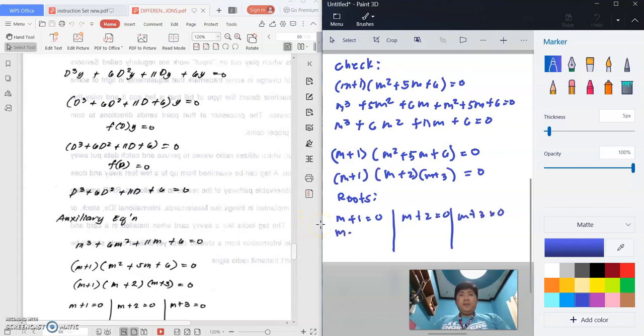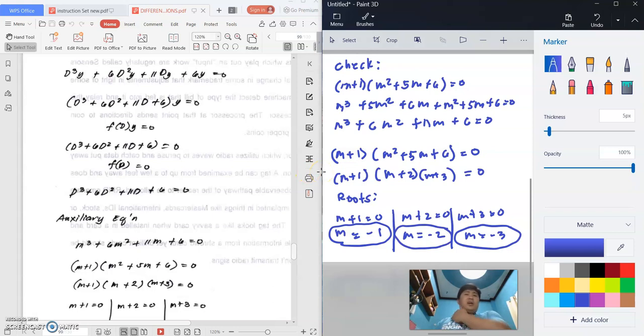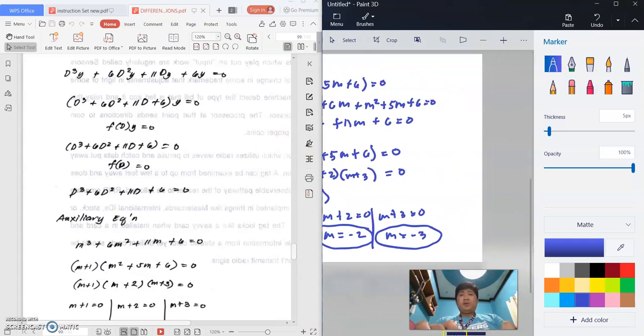So your root is m equals negative 1, m equals negative 2, and m equals negative 3. Okay? Therefore, these are the three roots. We have three roots here. So, negative 1, negative 2, negative 3.